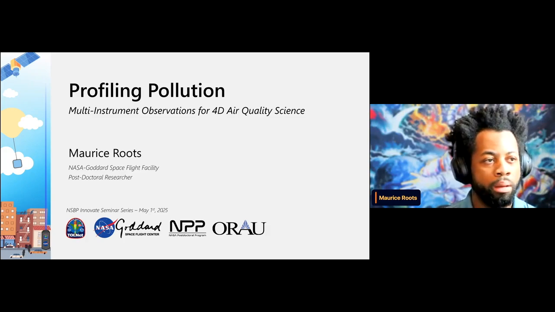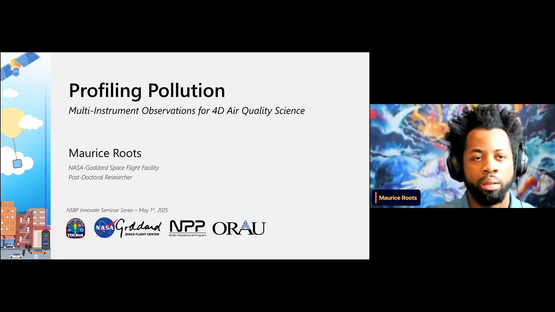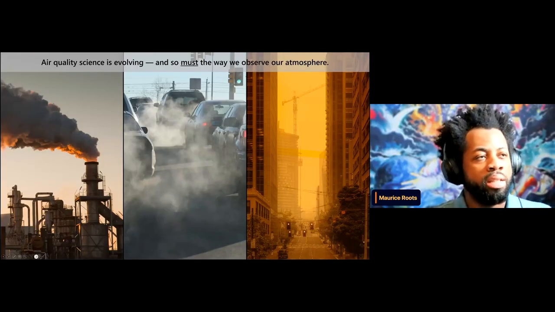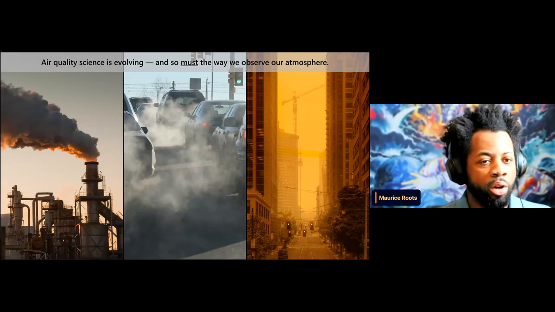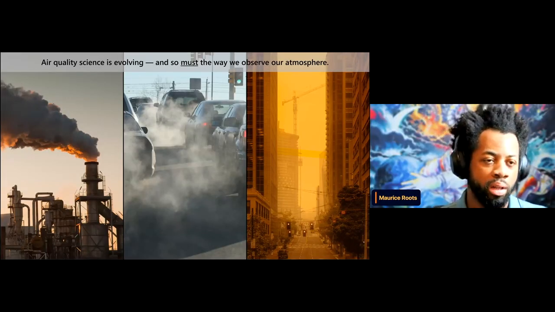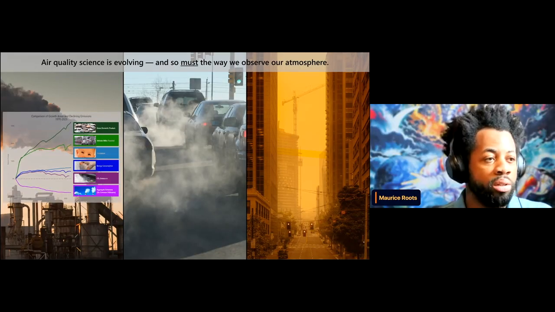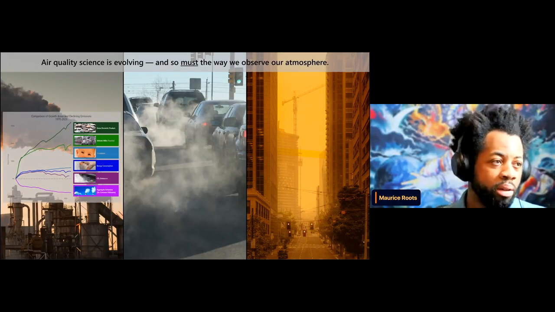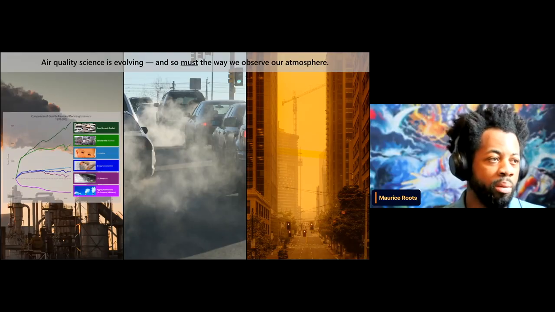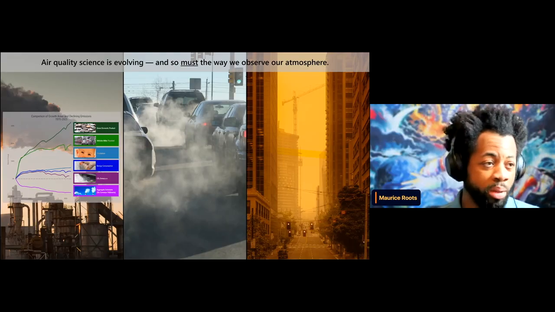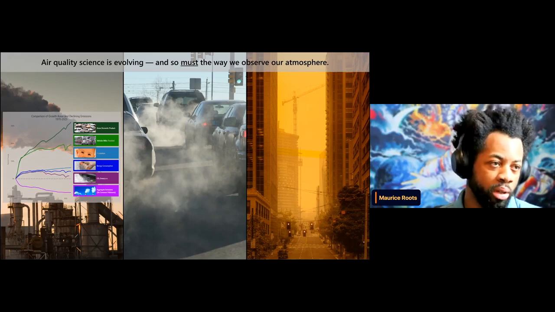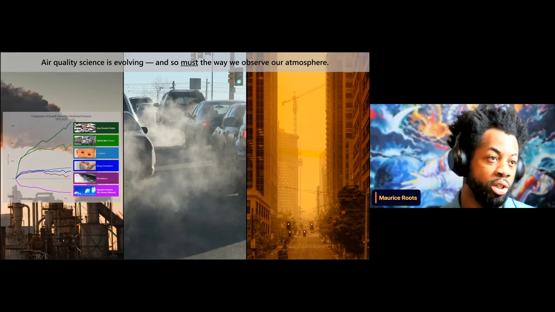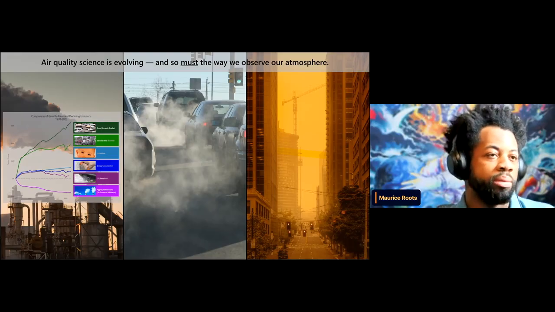The landscape for air quality science is currently evolving, as we've done a lot of work on reducing emissions. If you follow that magenta line on the left-hand side, you can see the percent change since 1970, which is on the far left, when the Clean Air Act was created. It's when the EPA was founded, and we've done a lot of work in reducing our anthropogenic emissions. At the same time, we've had a lot of growth as a country.